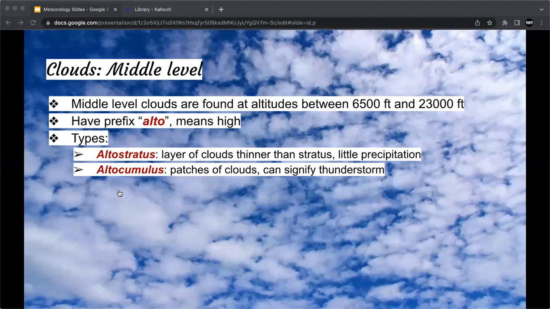We first have altostratus, which is stratus clouds that are higher. We also have altocumulus, which are cumulus clouds slightly higher. They're patches. In the background, I think these are altostratus, so you can see how they're thinner and more layered.